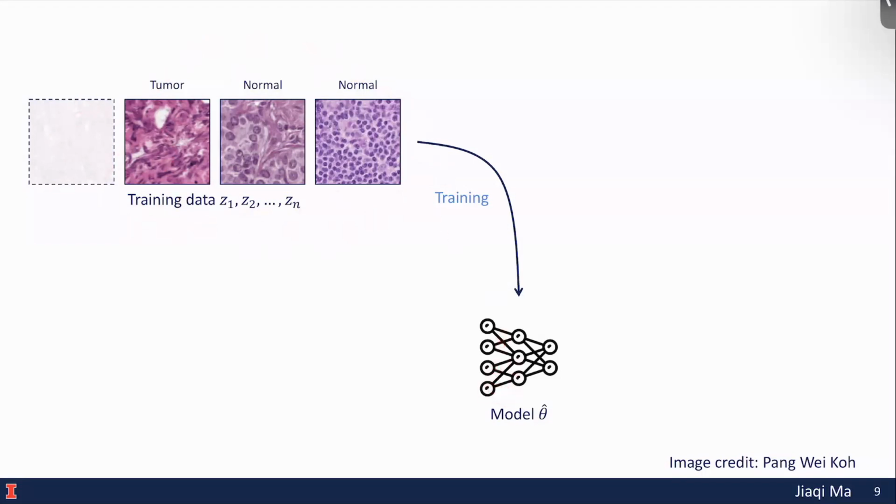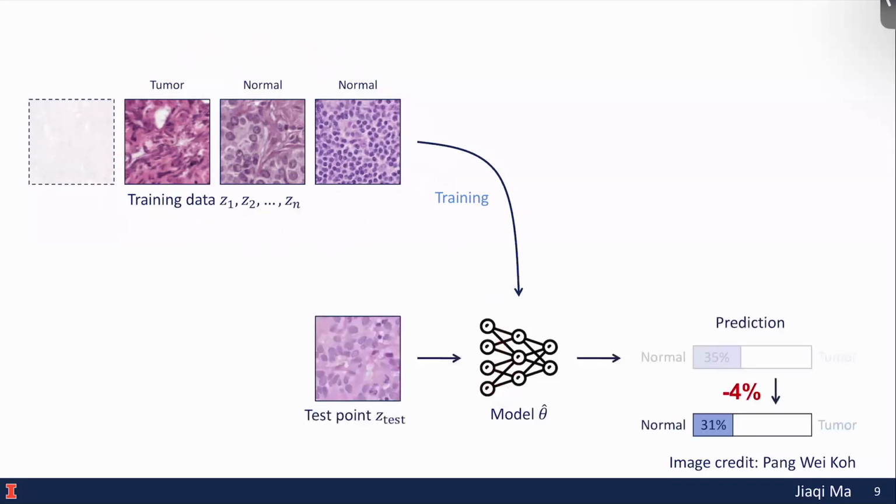Now we use this new model to make a prediction on the test data point again, and observe how much the prediction changes. In this case, it's leaning even more towards normal tissue, but overall the change is very small.